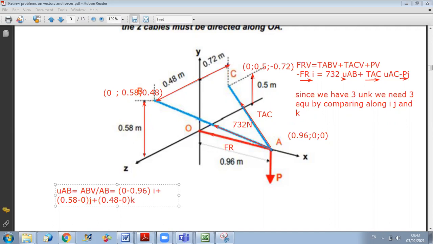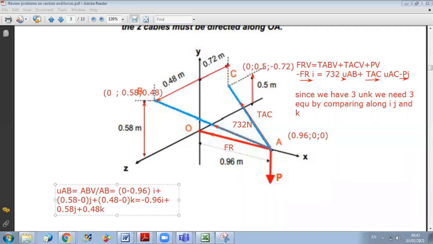So I get minus 0.96 along i plus 0.58 along j and plus 0.48 along k.